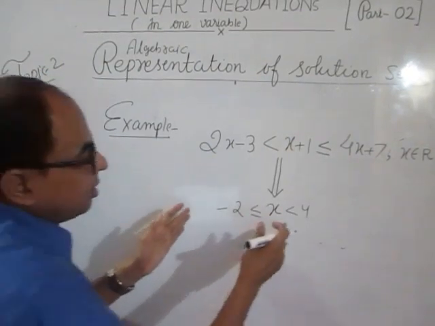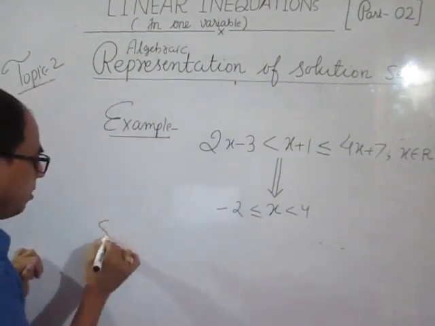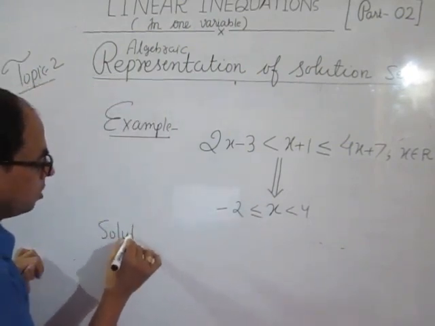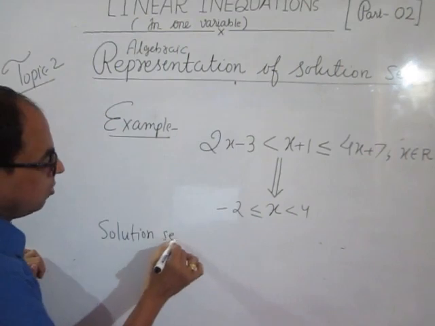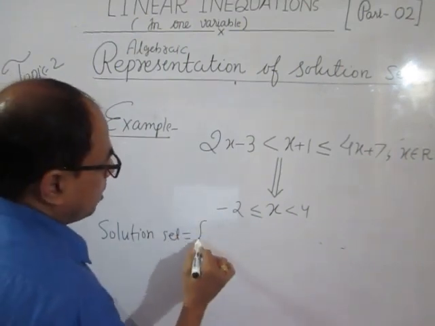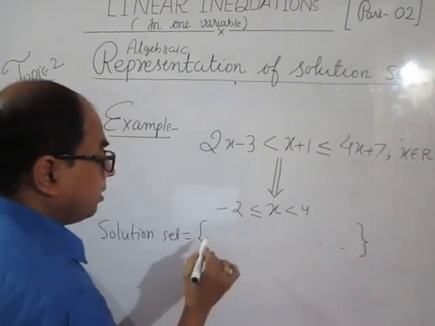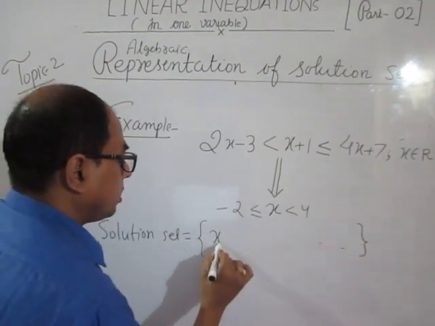Now we have to write this solution set. Clear? So how will we write the solution set? Solution set is equal to curly bracket. Now write the variable used in the inequation.